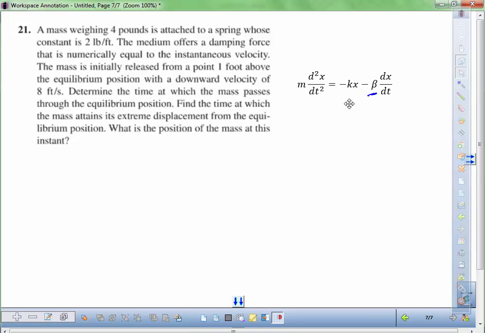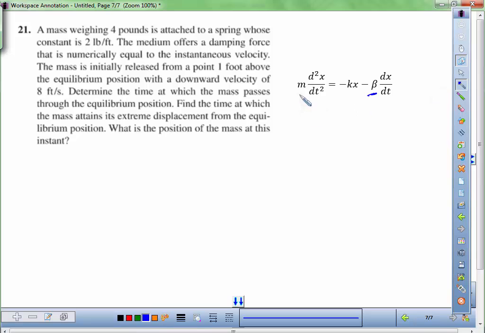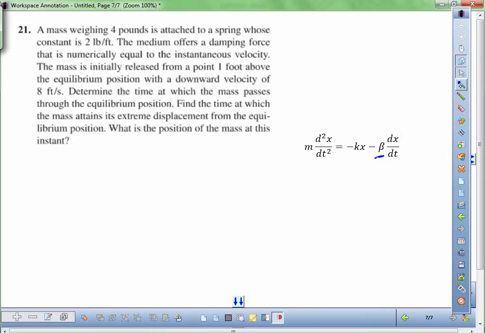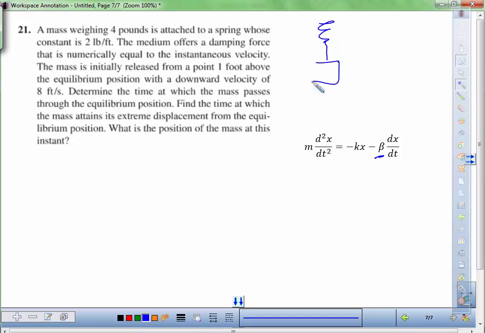It'll give us a template to help us find our solution really quickly. So the mass is 4 pounds. That's going to be our M.